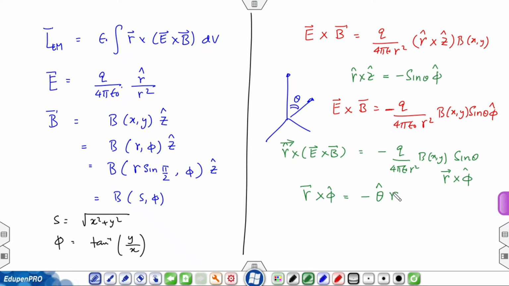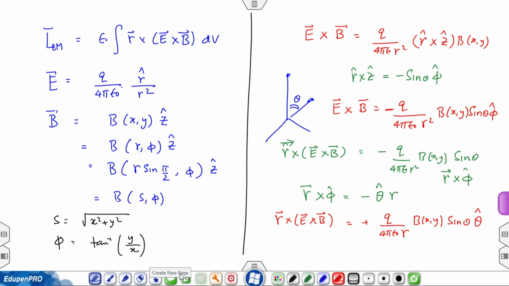So, I get r cross E cross B as plus q over 4 pi epsilon 0 r, 1 r cancels, B x y sin theta, theta unit vector. So, we have now got r cross E cross B, all I have to do is now integrate it.